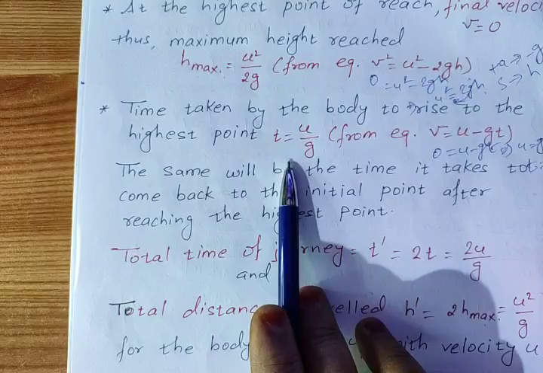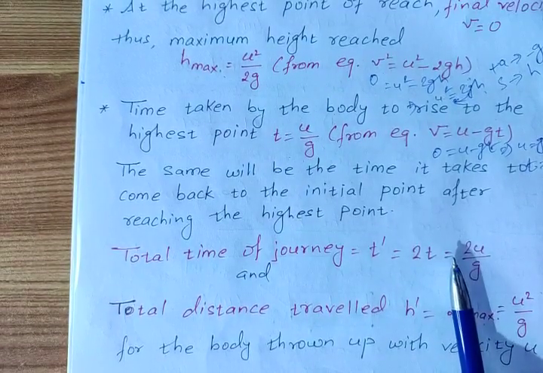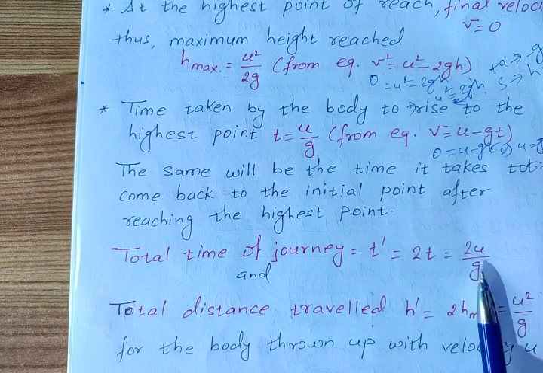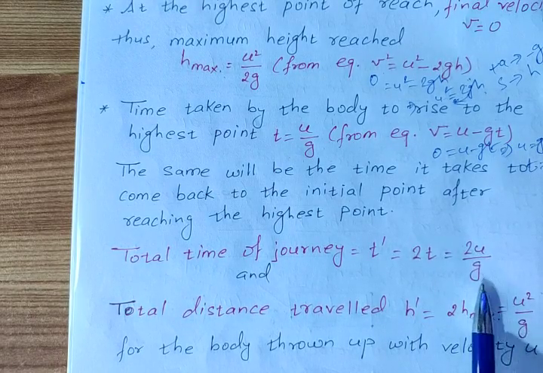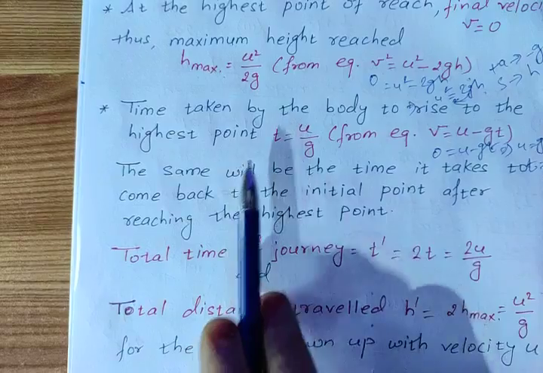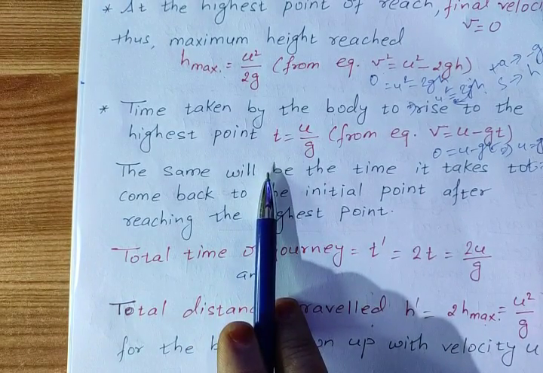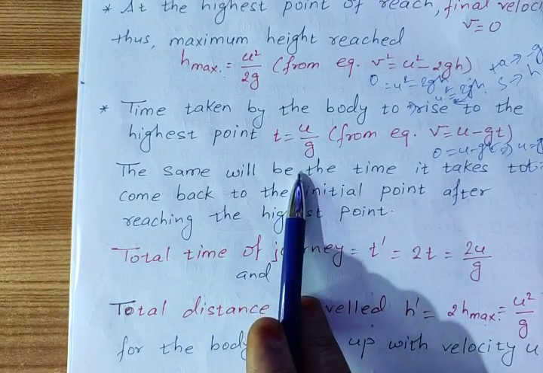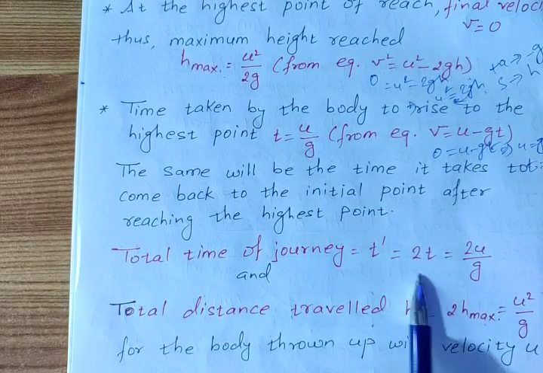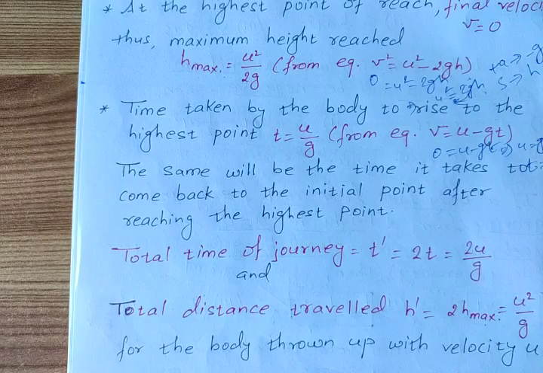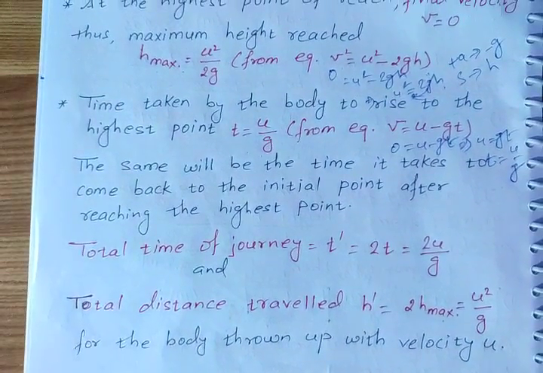And 2t is 2u by g. So total time of journey becomes 2u by g. Time of ascent is equal to time of descent is equal to u by g, whereas total time of journey t dash is equal to 2t, that is 2u by g. Clear children? Write down.